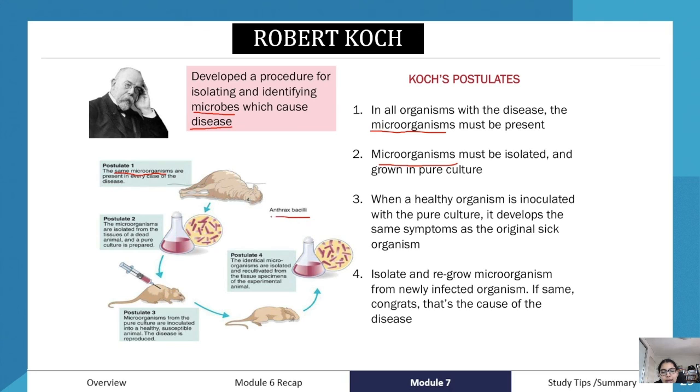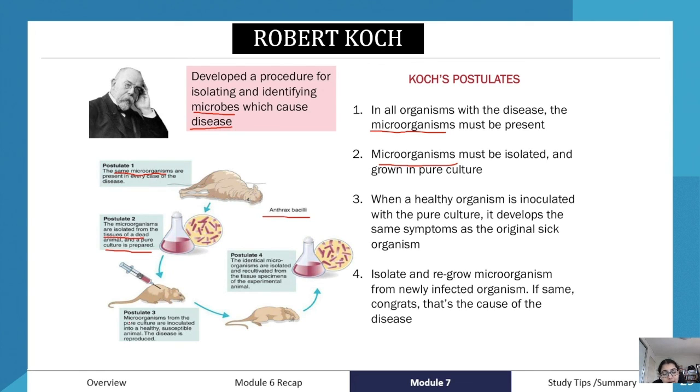Here my potential microorganism is the Anthrax bacilli. So I'm going to isolate that microorganism and grow it in a culture. How do I isolate it? I isolate it from the tissue of a dead animal, and I make a pure culture. So I grow it on an agar plate.